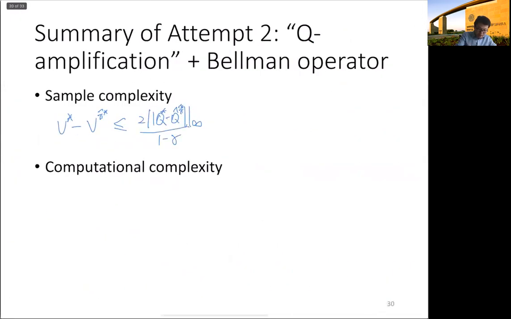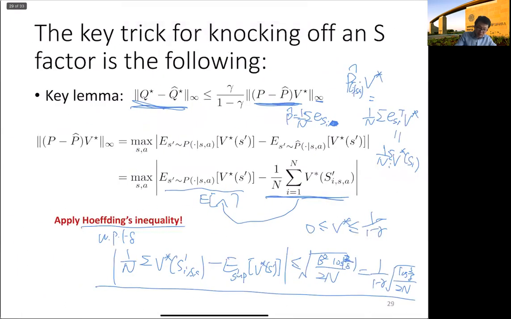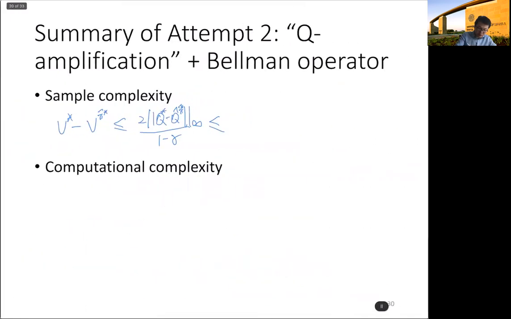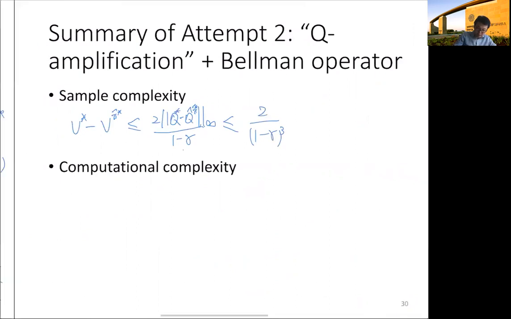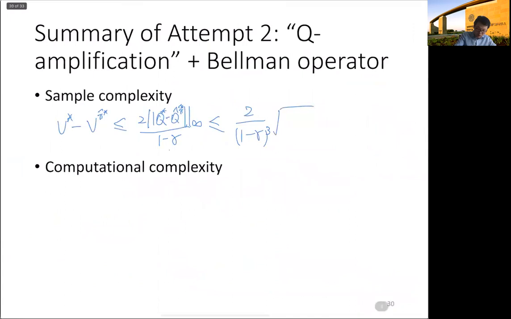I think there's a factor of 2, and by this lemma here, we can further bound it by, remember there's a 1 minus gamma square, so multiply with this additional 1 minus gamma, we get 1 minus gamma cube, 2 times what we have at the bottom. So this is square root of 2n log 2 over delta.